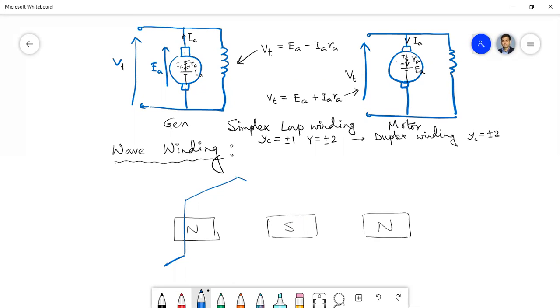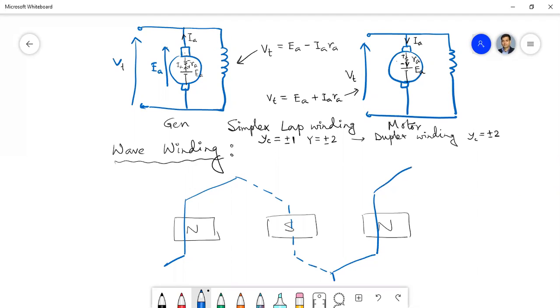This is one coil, and that will be connected with the next coil.